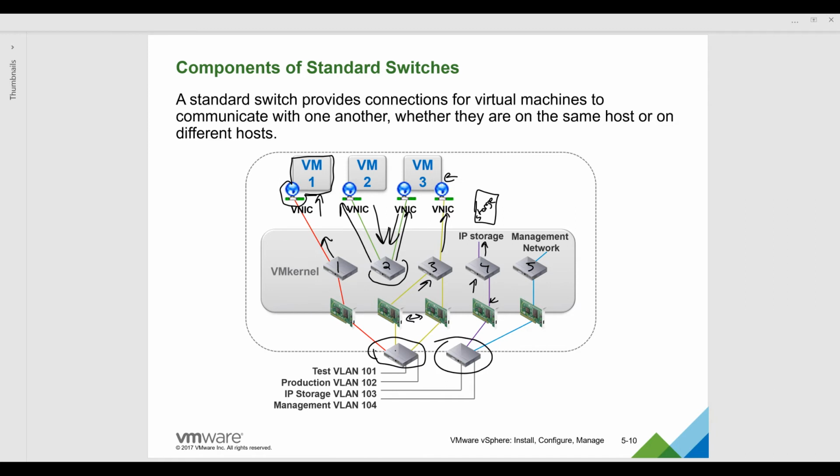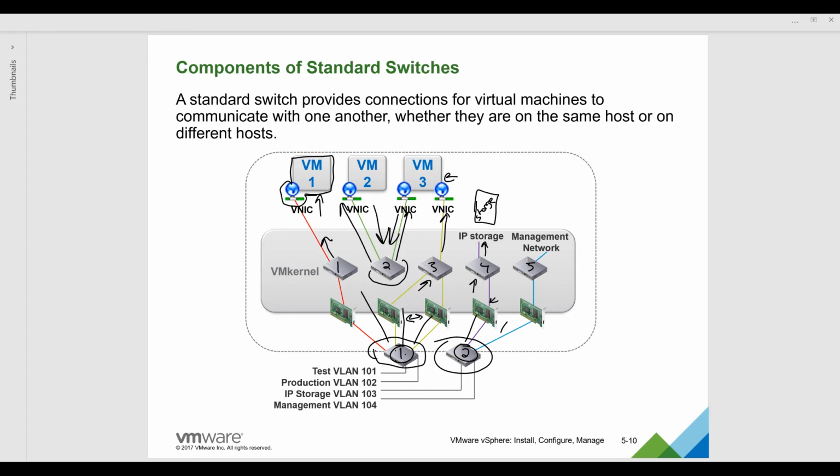We have this switch broken out to virtual switches 1, 2, 3, 4, and 5. In this first switch here, we have test VLAN and production VLAN. As you'll notice, the test VLAN and the production VLAN come out to switch 1 going up to these NICs.